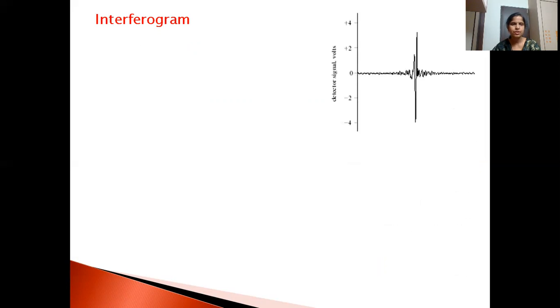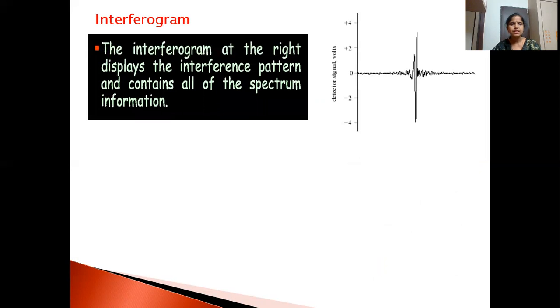Now we will see what an interferogram is. As we said, FTIR works on the principle of the Michelson interferometer, or interferogram. The interferogram is what you can see here on the right side. It displays all the interference patterns and contains all of the spectral information.